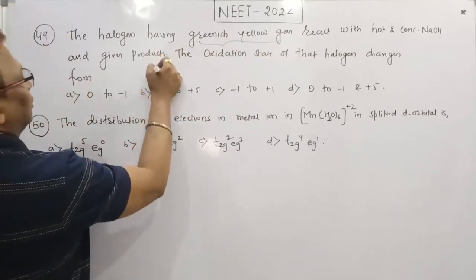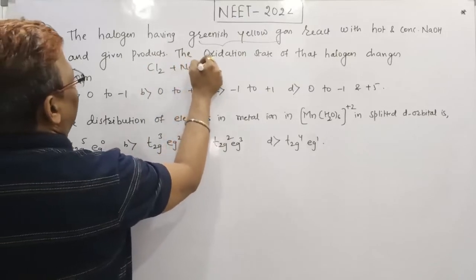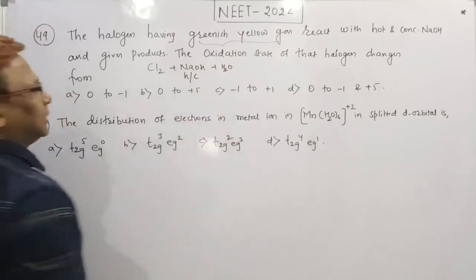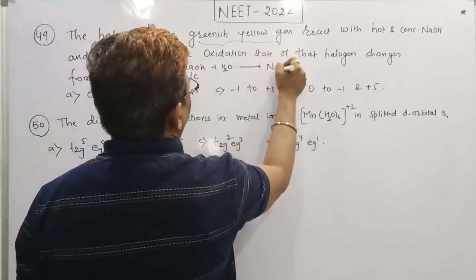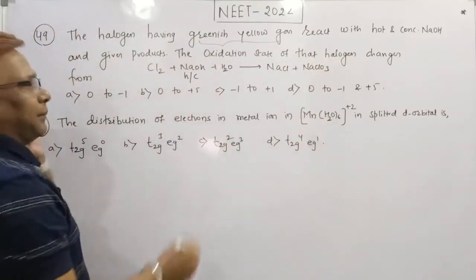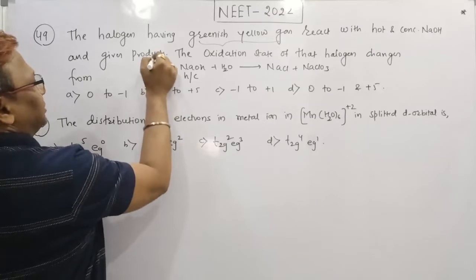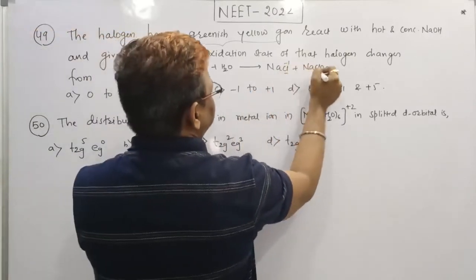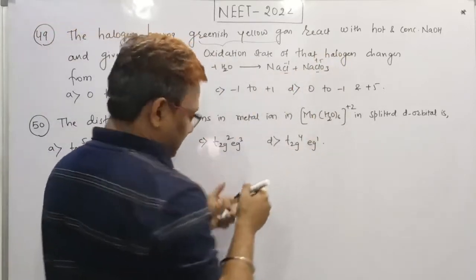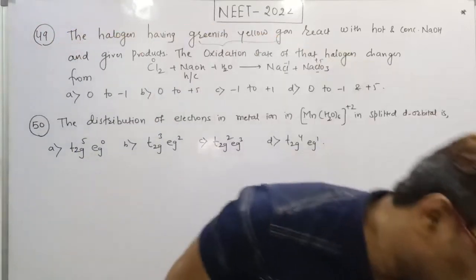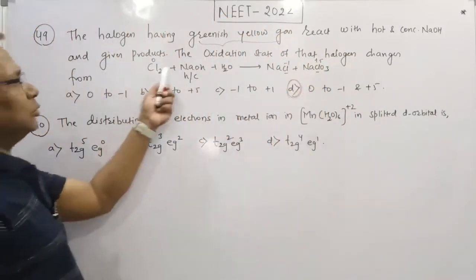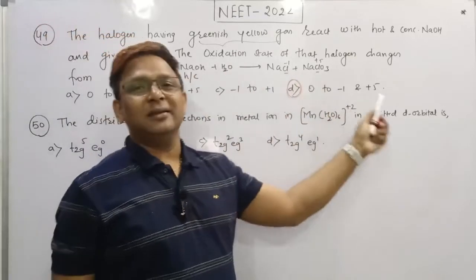We know that when chlorine combines with hot and concentrated NaOH, it will be converted into NaCl plus NaClO3, with remaining byproducts. Here the chlorine oxidation number is 0, here it is -1, and here it is +5. That means option D is correct here: 0 to -1 and 0 to +5.